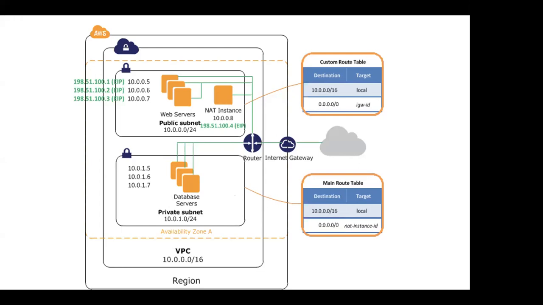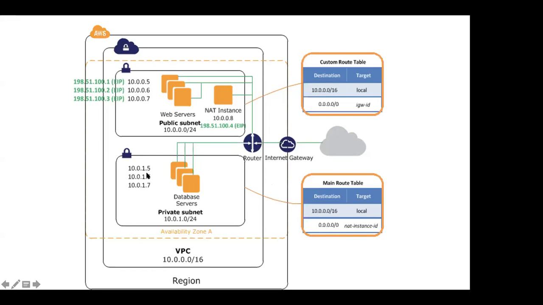When all 20 devices access the internet, it finally goes out as this one single public IP address, right? Similarly here, you've got these 3 EC2 instances in a private subnet, and you have a route in the route table that says 0.0.0.0/0, which is like anything internet, take it to the NAT instance ID. Instead of taking it to the internet gateway, you're taking it to the NAT instance ID.